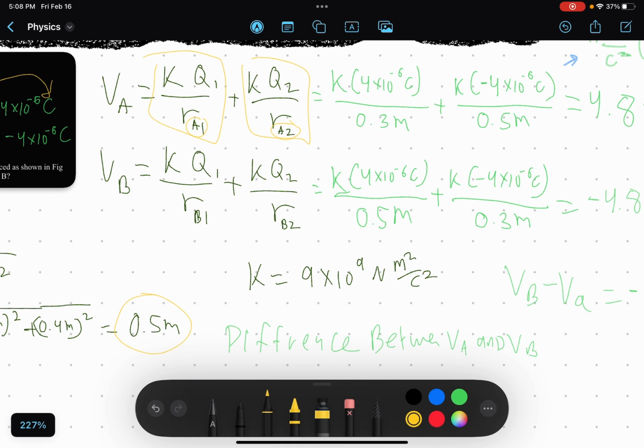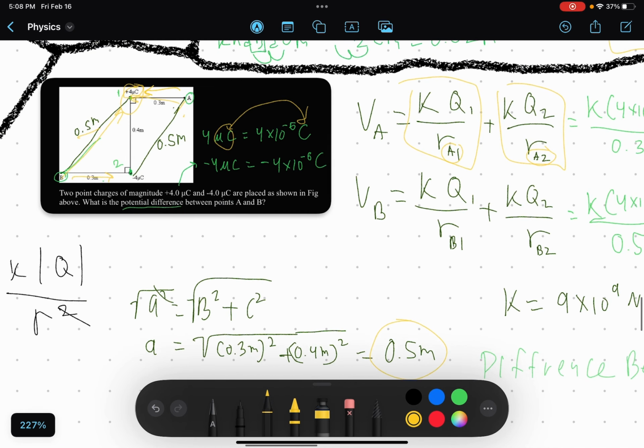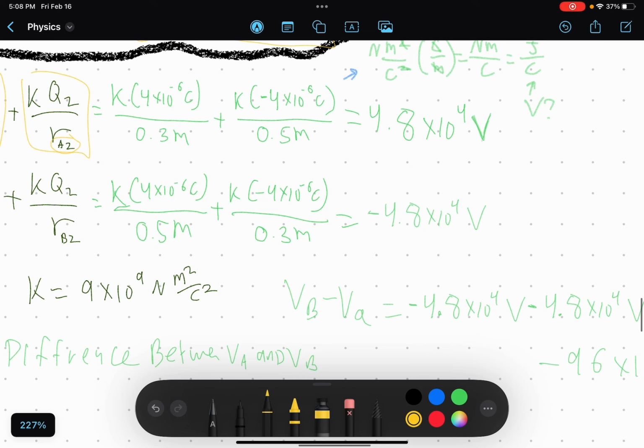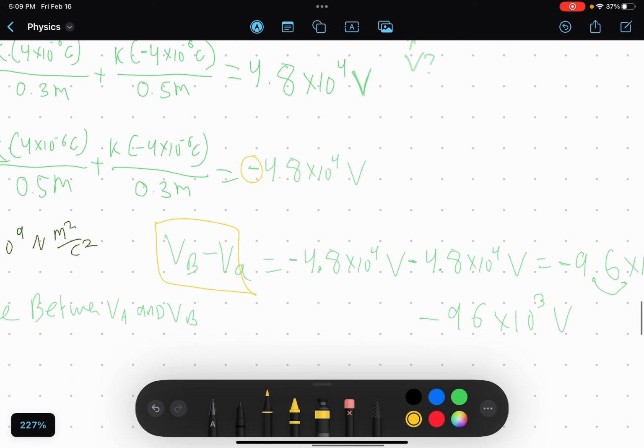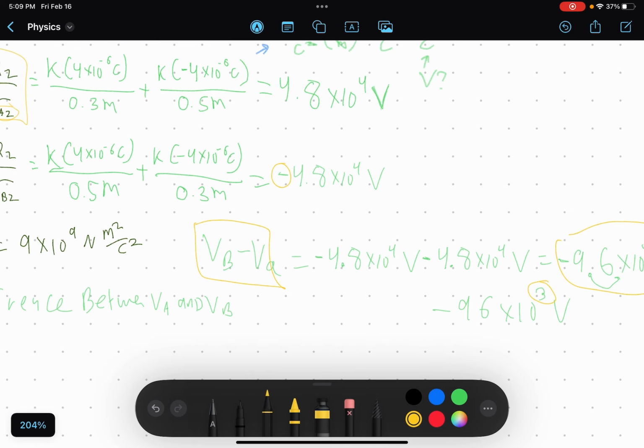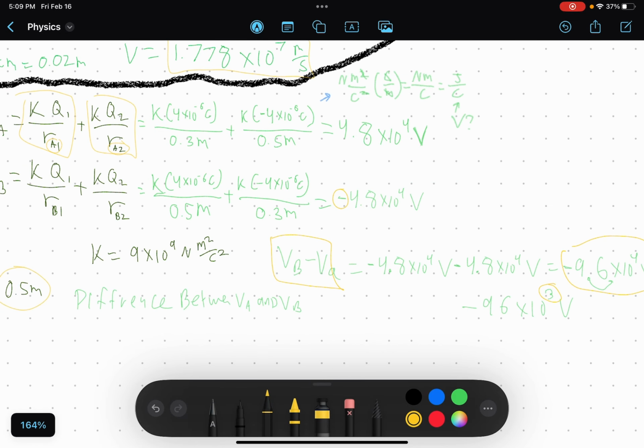Same thing for the B, it's just kind of the reverse, because for B, it's only 3 centimeters from the 2 and 5 centimeters from the 1. So you plug that in, you get very similar numbers, the only difference is this one's negative. And then because it asks for the difference, you're going to subtract the 2, which in the end gets you 9.6 times 10 to the 4, and then you just move the decimal over to get 96 times 10 to the 3, negative 96. So there's that one.